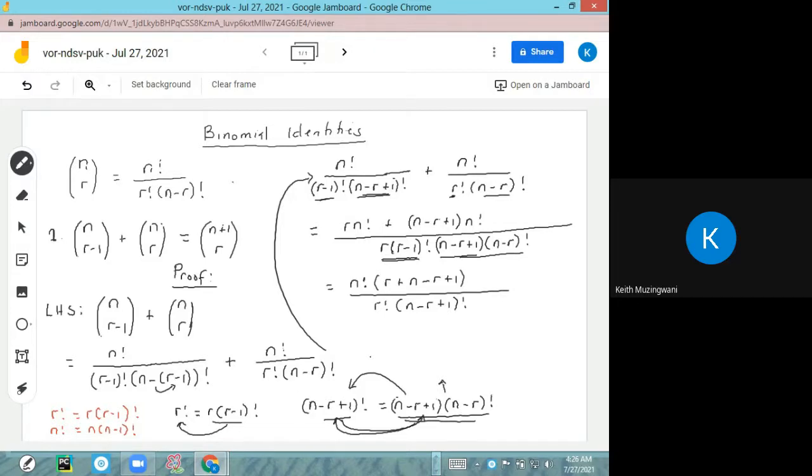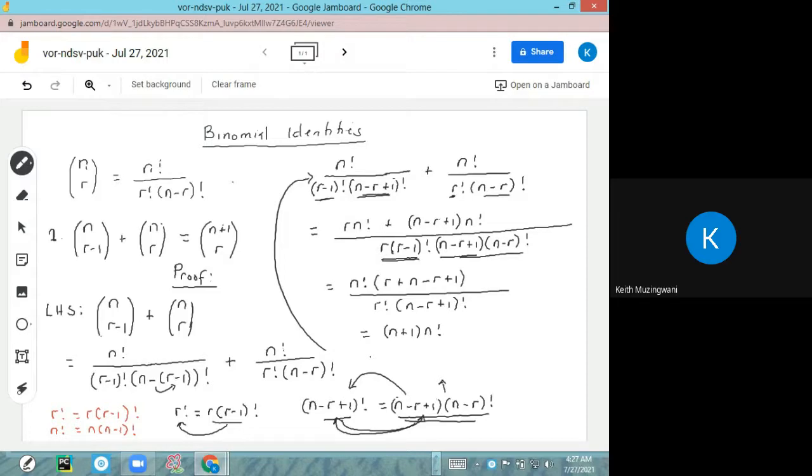Factor it like that. And then our next step is that this is just n plus 1 multiplied by n factorial, since r minus r is 0, so we have n plus 1.